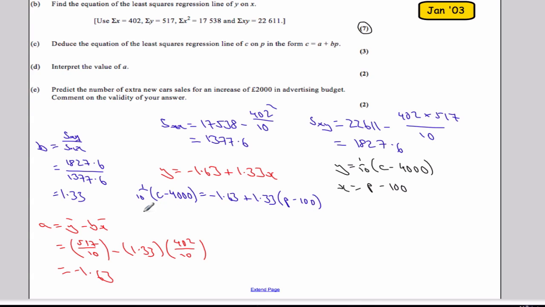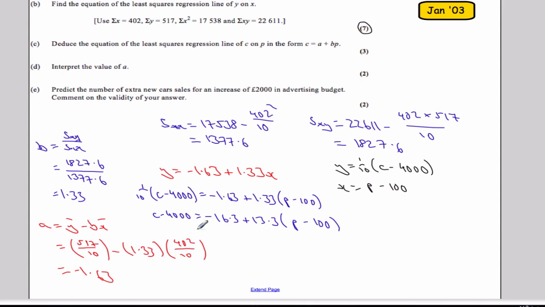Okay, so let's multiply everything by 10 just to get rid of this. So I get C minus 4,000 equals minus 16.3 plus 13.3 times P minus 100.